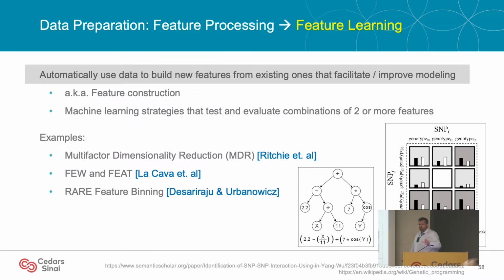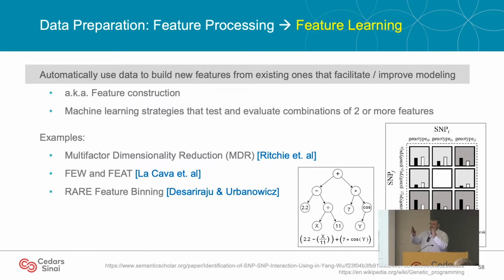So here are a few examples, and I am giving biased examples because these are feature learning strategies developed by Dr. Moore's lab and some other people associated with his lab. First is multi-factor dimensionality reduction, or MDR. This was developed by Marilyn Ritchie and Dr. Moore and others. And the basic idea here is that you are taking the original feature space and you're creating n-way combinations of variables to explicitly look for epistatic interactions.